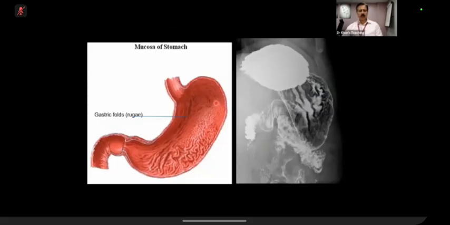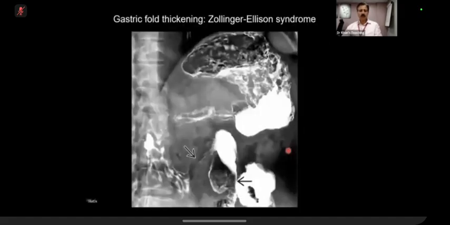We know that these are basically mucosal folds, and submucosa is part of it, which are oriented parallel to the long axis of the stomach, and they present best on barium like this. So these are the rugal folds.